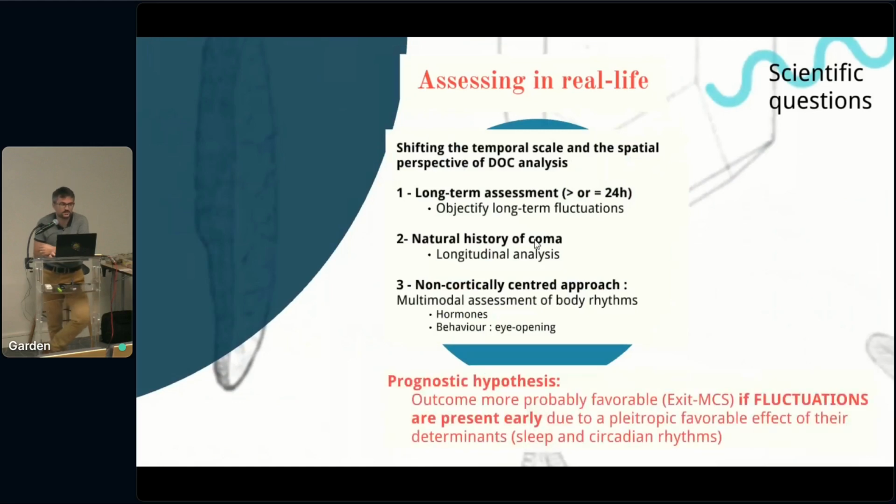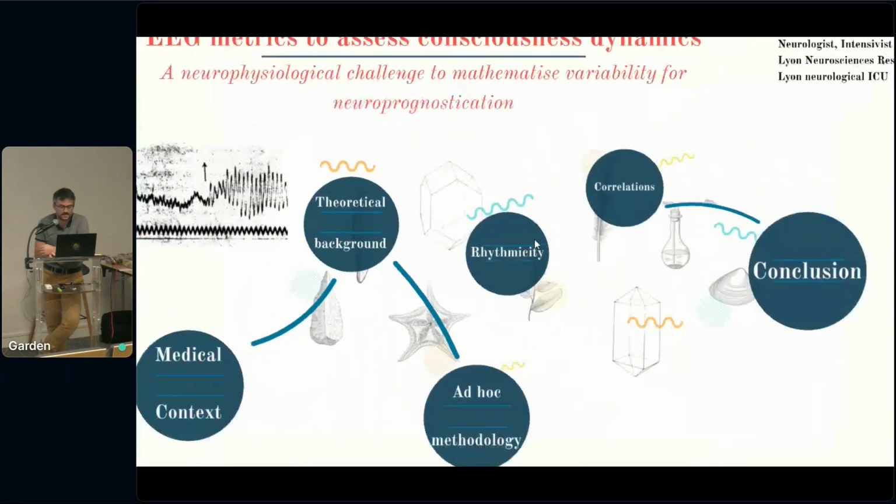We have a prognostic hypothesis that the outcome would more probably be favorable if fluctuations were present early, due to the pleiotropic favorable effects of their determinants, which are sleep and circadian rhythms.